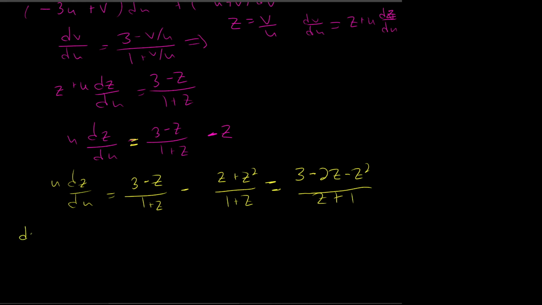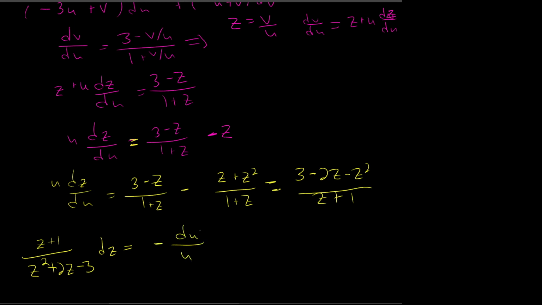And so dz, let's cross multiply, so this is my term over here, so I get z plus 1 over z squared plus 2z minus 3 dz. And notice I took the negative sign, I'll leave that over here, negative du over u.